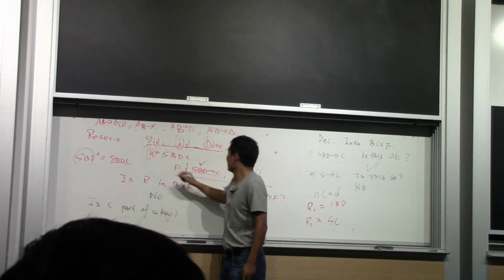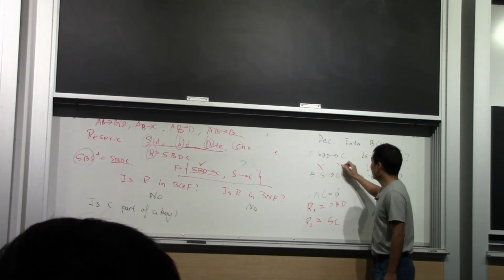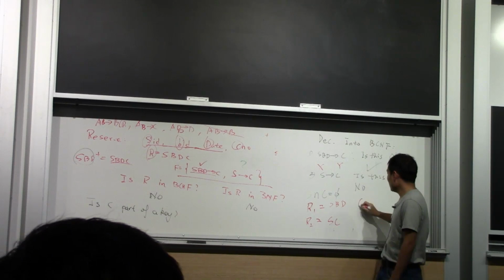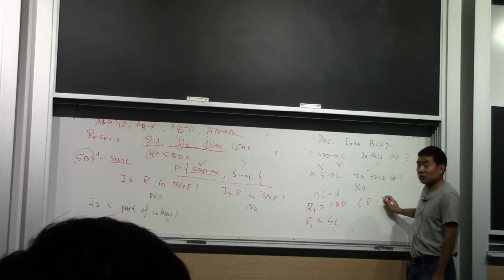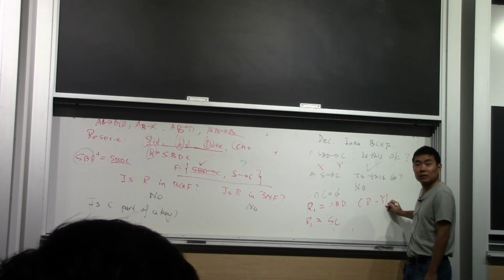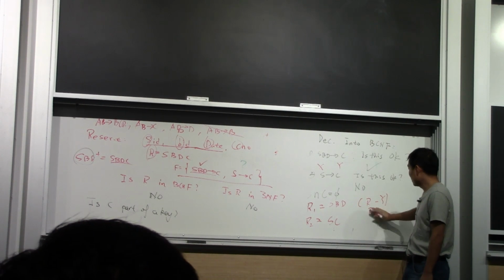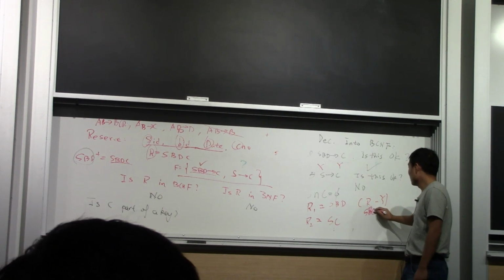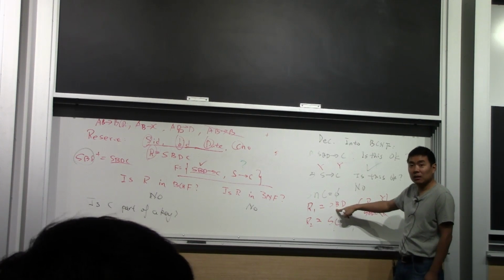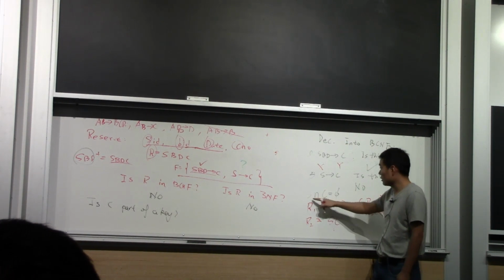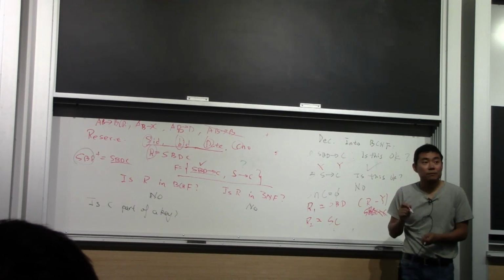This is your R. This is your X. This is your Y. So R1 is R minus what? R minus Y, which is SBDC minus C in this case. So it's SBD. R2 is what? X and Y, so it's S and C.